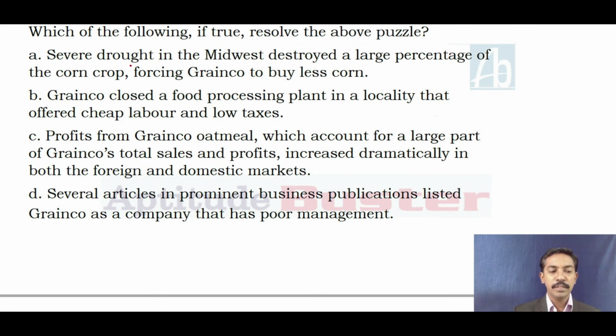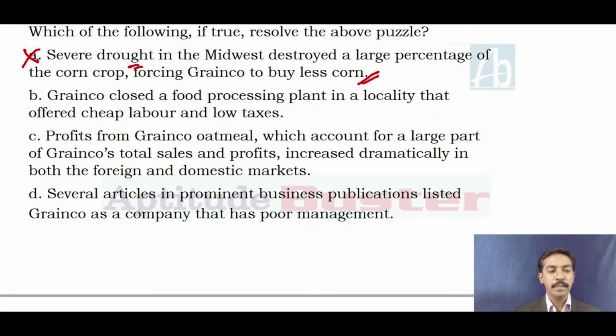It says severe drought in Midwest destroyed a large percentage of the corn crop, forcing Grainco to buy less corn. Perhaps this may explain why cornflakes profit has come down, but it doesn't explain how the value of stock has increased. Thereby, we can eliminate option A.